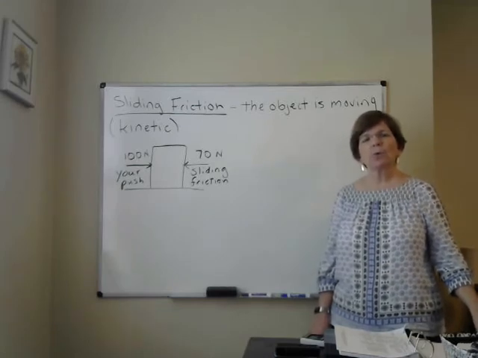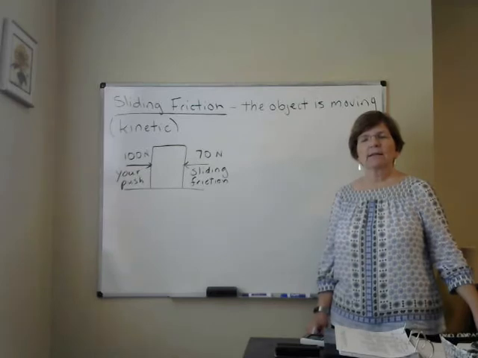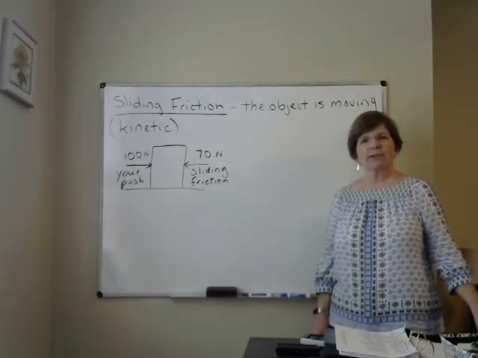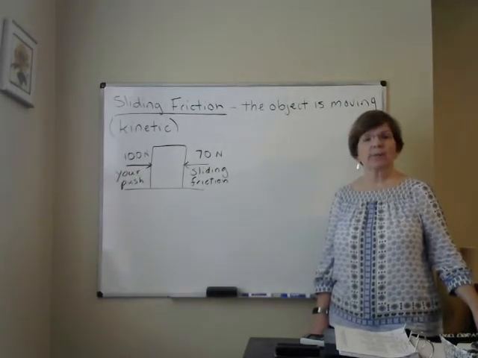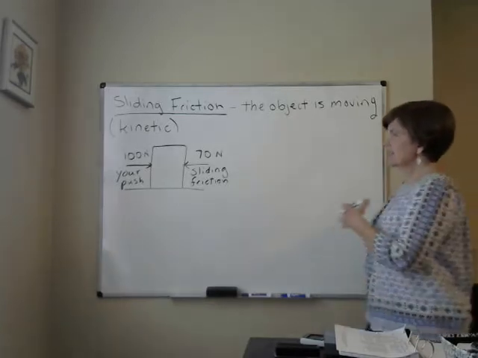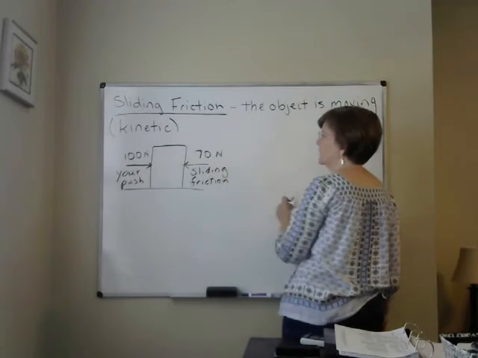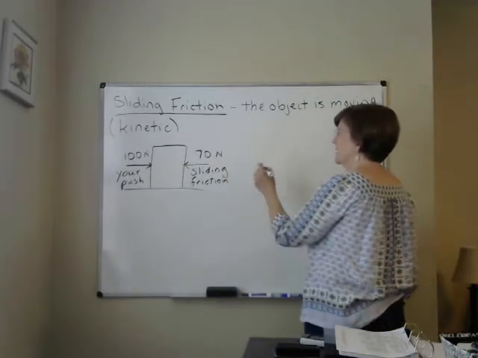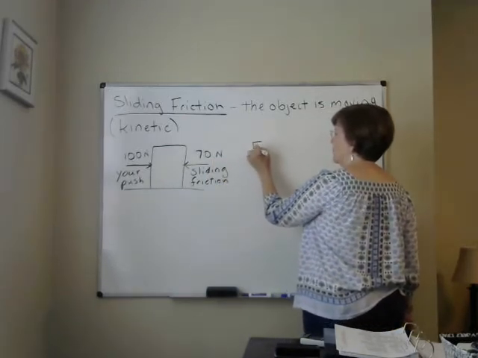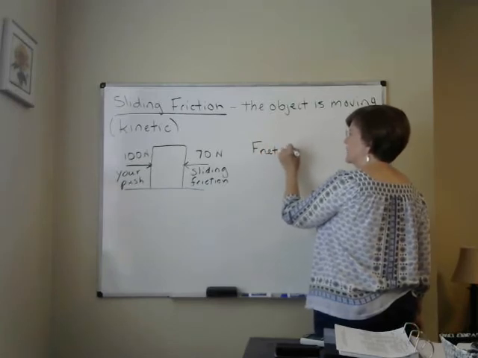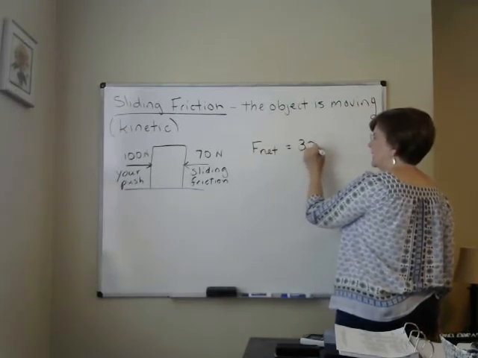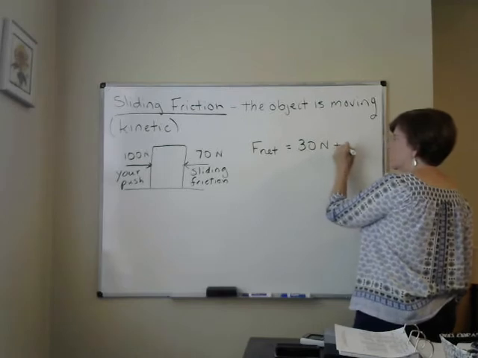It takes more force to overcome static friction than it actually will to keep it in motion. So in this case, if you push with 100 and you get it moving and sliding friction is only 70 newtons, you can see here, you're going to end up with a net force of 30 newtons to the right.